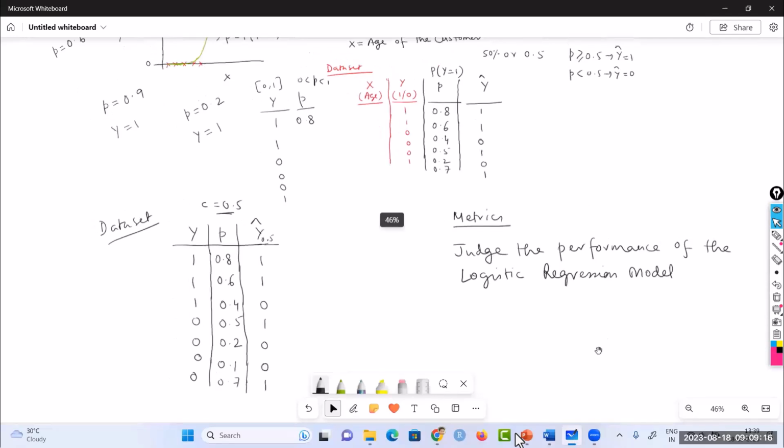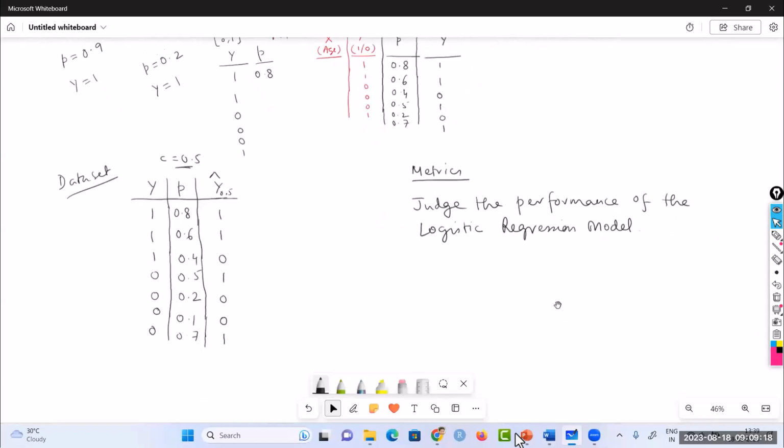May I ask, if we raise the threshold, for instance, from 50% to 70%, can we say that our probability is more significant? Not as such. Initially, as I said, I am taking this threshold value as 0.5, but this is not the exact threshold value that we will select.